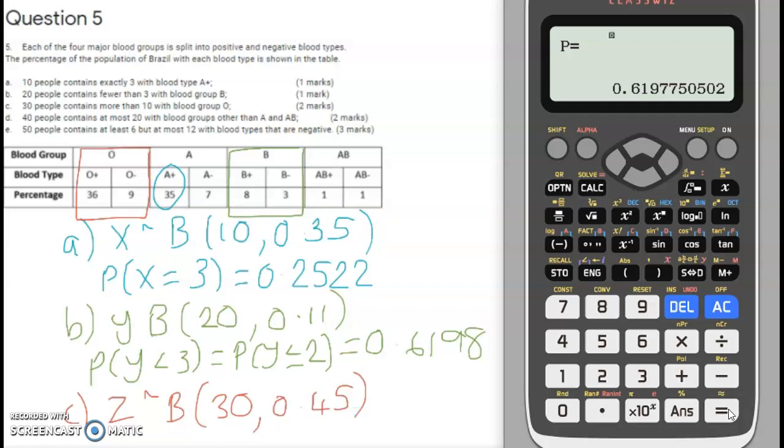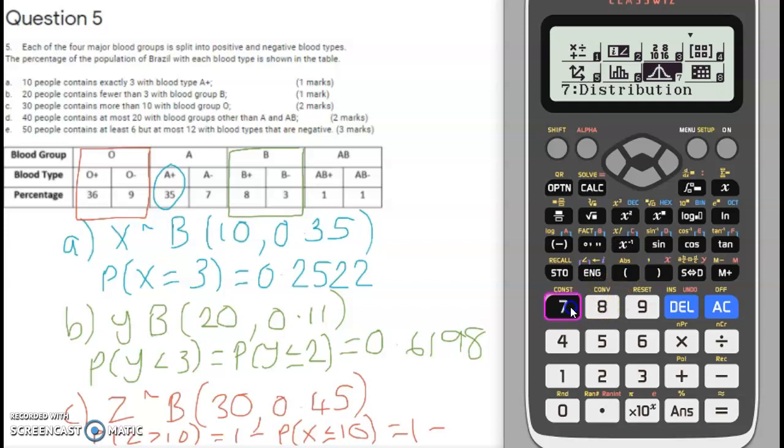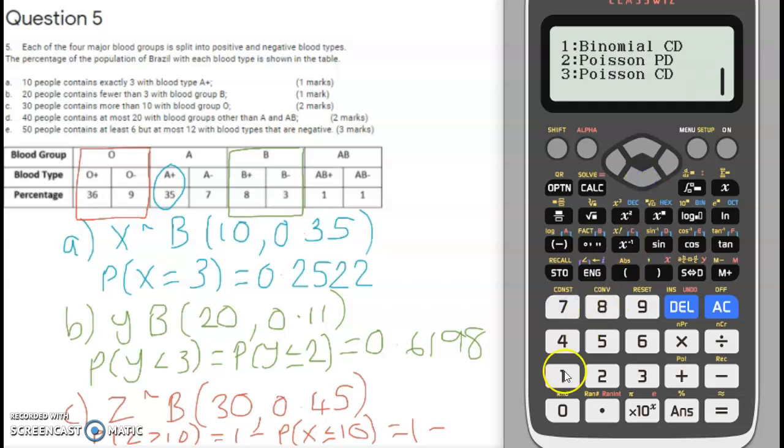This one asks me for more than 10 people. I'm going to try and squeeze this on underneath here. More than 10. So because I can't calculate more than 10, I'm going to do 1 minus what I don't want, which is 10 and under. So on my calculator, again, I want distributions, scroll down to binomial CD, and my x value, I don't want 10 and under.